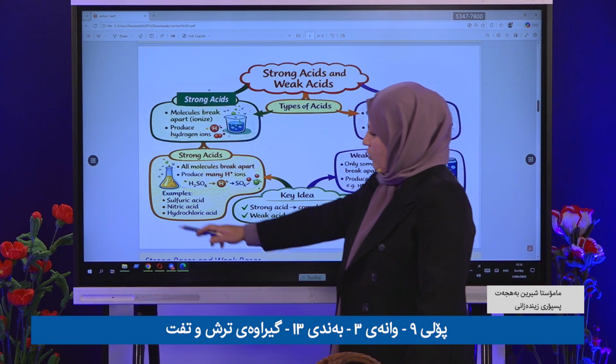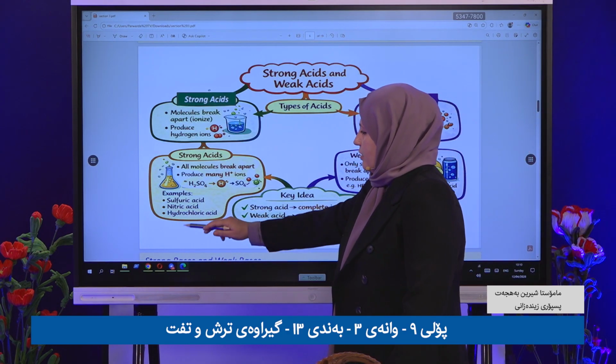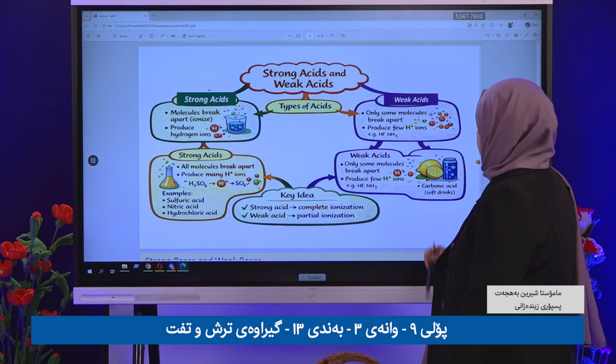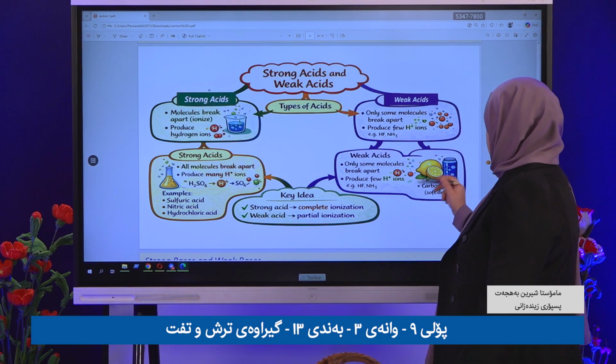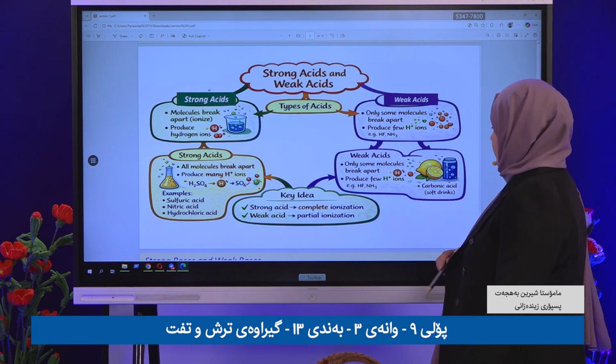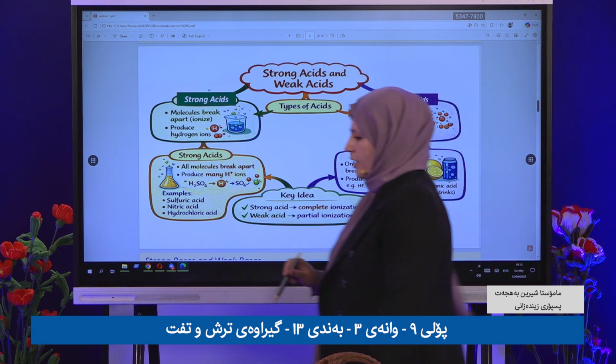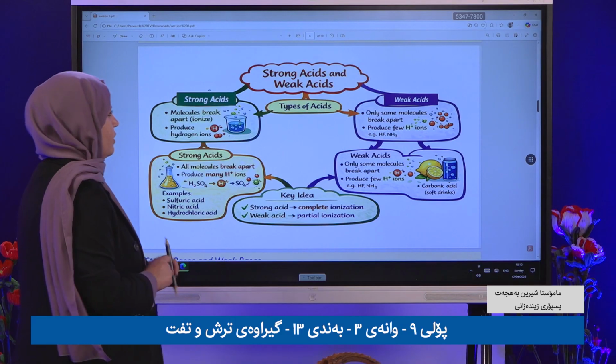The examples are sulfuric acid, nitric acid, and hydrochloric acid. Weak acids are such as carbonic acid, citric acid, and lemon acid. That's about strong and weak acid.